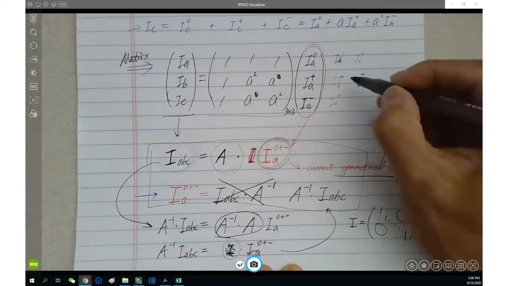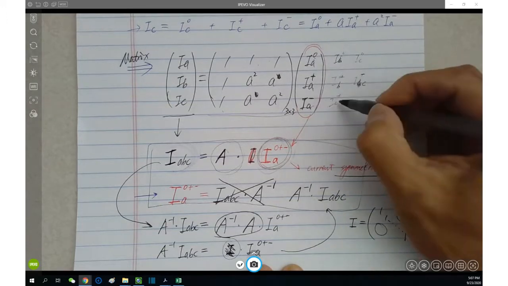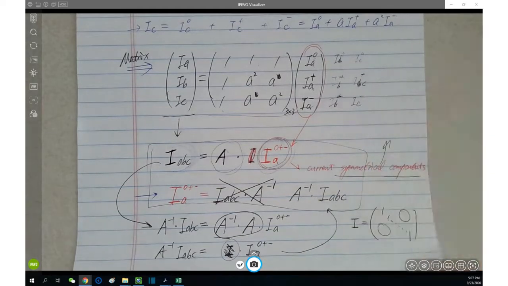From IA plus you can know IB plus and IC plus. From IA minus you can know IB minus and IC minus, right? So immediately you know everything in this system. That's why it's a symmetrical component.